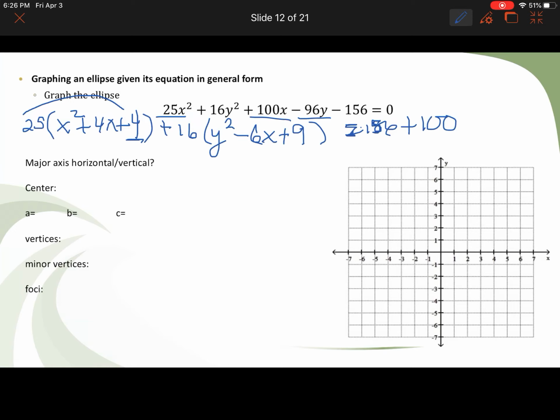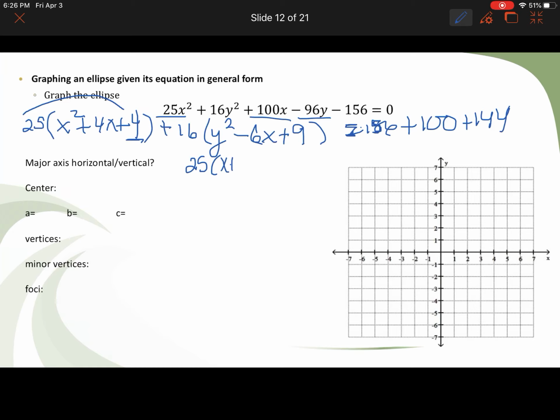So 3 squared is 9. But really, I've done 16 times 9, which is 144. So if we add these up, I get 400.